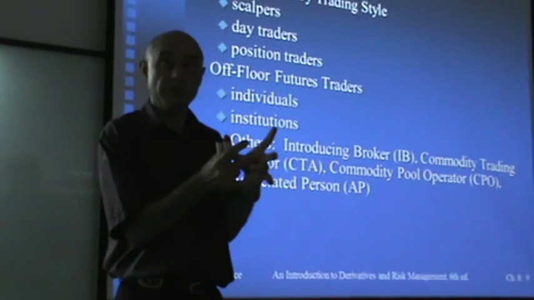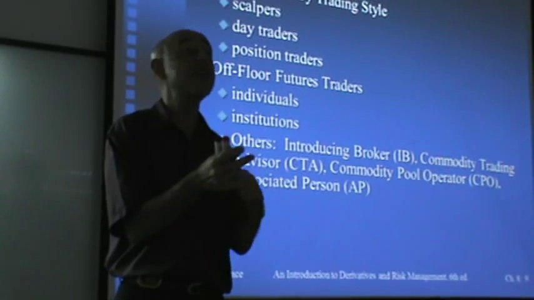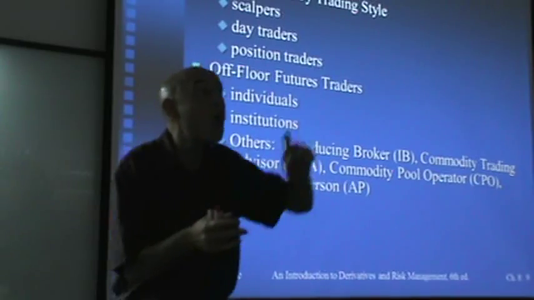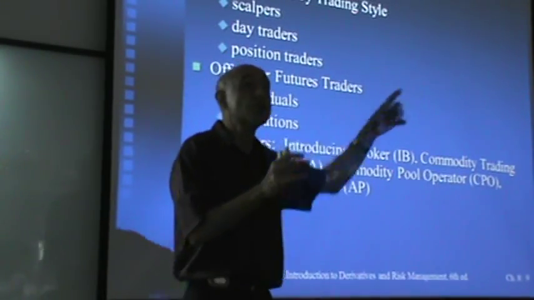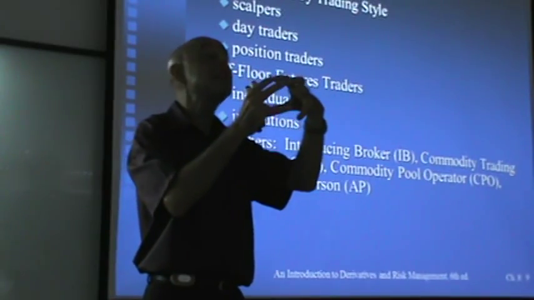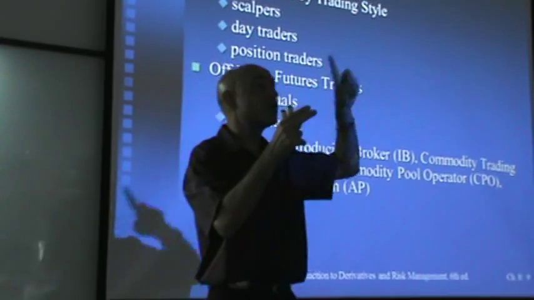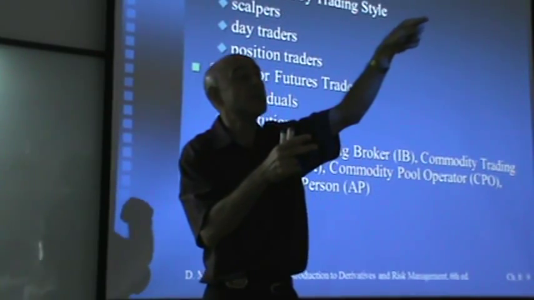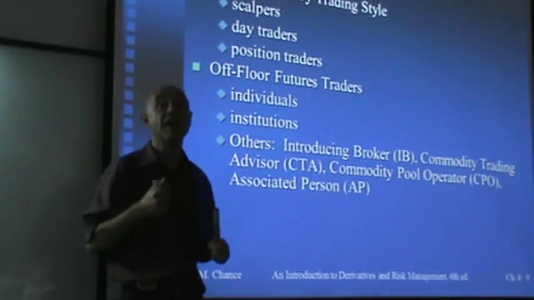But all your introducing broker will do is, when you want to buy a contract, your broker will contact the broker in Chicago or the broker in New York. So he will be an intermediary broker. You contact a broker, your broker will pass your trade on to the other broker, and the other broker will execute the trade for you. So this is known as an introducing broker.